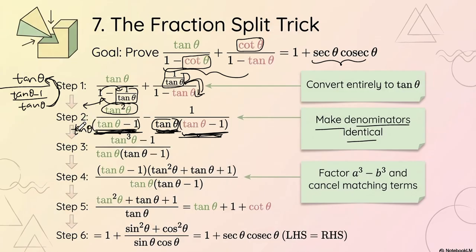In the denominator we have multiplied tan theta, in the numerator also we'll multiply one tan theta. So in the numerator it becomes tan theta into tan square theta, which is tan cube theta, and the denominator will be tan theta multiplied by tan theta minus 1. This is the first term after multiplying tan theta in the numerator and denominator.